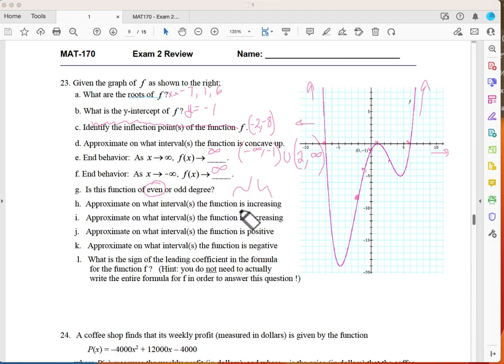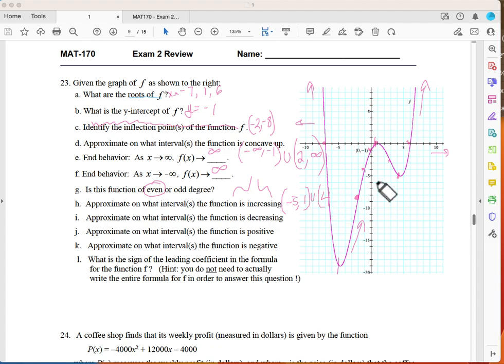Approximate on which intervals the function is increasing. Okay, so that's where is it going up? So it's basically increasing from negative 5 until we get to this point here, which is 1. That interval is increasing, decreasing here, increasing again from this point, which would be 4.